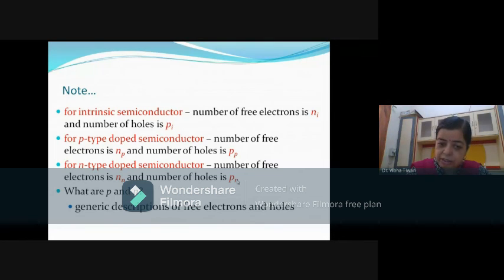Here in both, you can see it is a subscript. This n is number of electrons and this p is number of holes. So if you remember this terminology, wherever Ni is written, we are talking about electrons in intrinsic semiconductor. If Np is written, we are talking about electrons in p-type semiconductor, and if Nn is written, we are talking about electrons in n-type semiconductor. Similarly, if Pi is written, then number of holes in intrinsic semiconductor. If Pp is written, then number of holes in p-type semiconductor. And if Pn is written, then number of holes in n-type semiconductor, right?